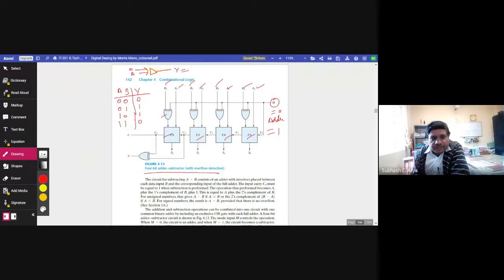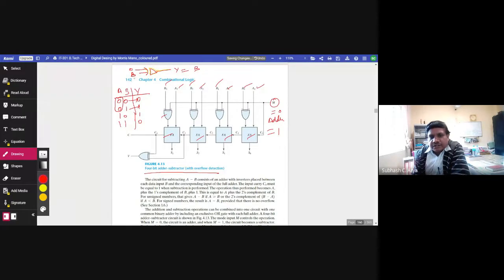If A is equal to 0 for this case, then the output is nothing but B. B is 0, so Y is also 0. B is 1, Y is also 1. So Y is equal to B here.